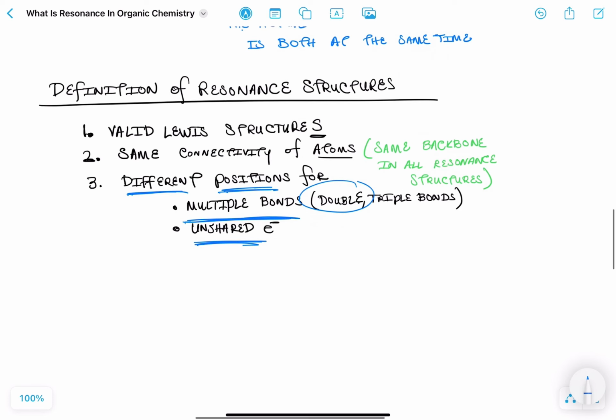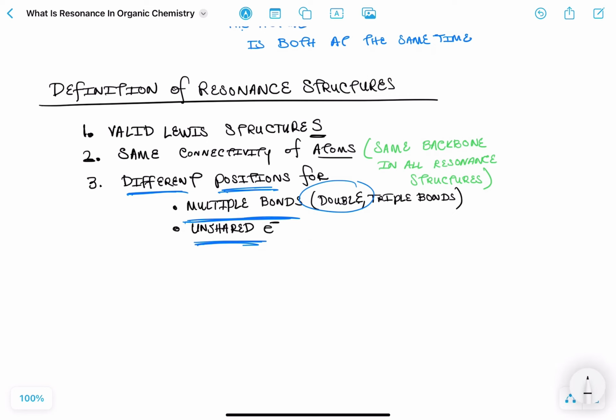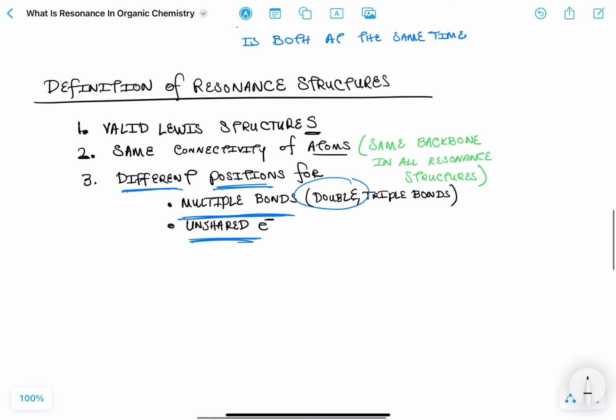Now the question we have to answer next is, how do we represent the correct structure if there are multiple valid Lewis structures at the exact same time? So let me write that out.